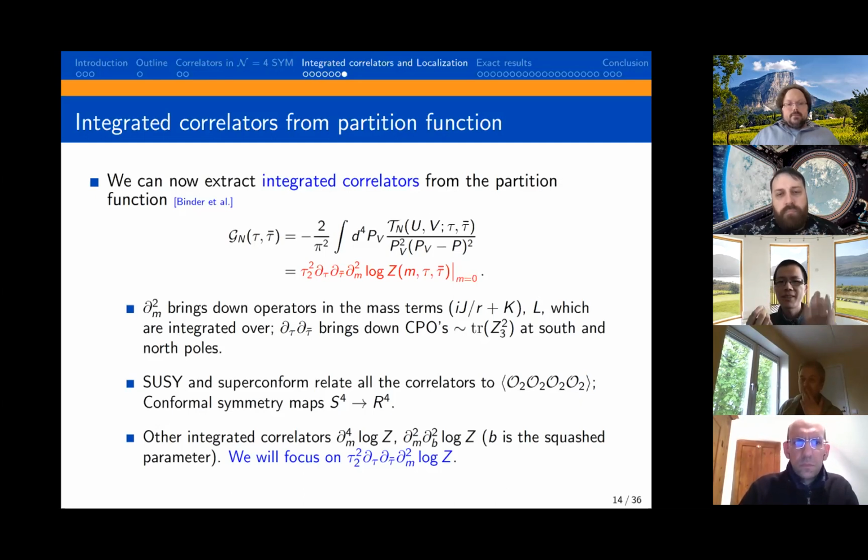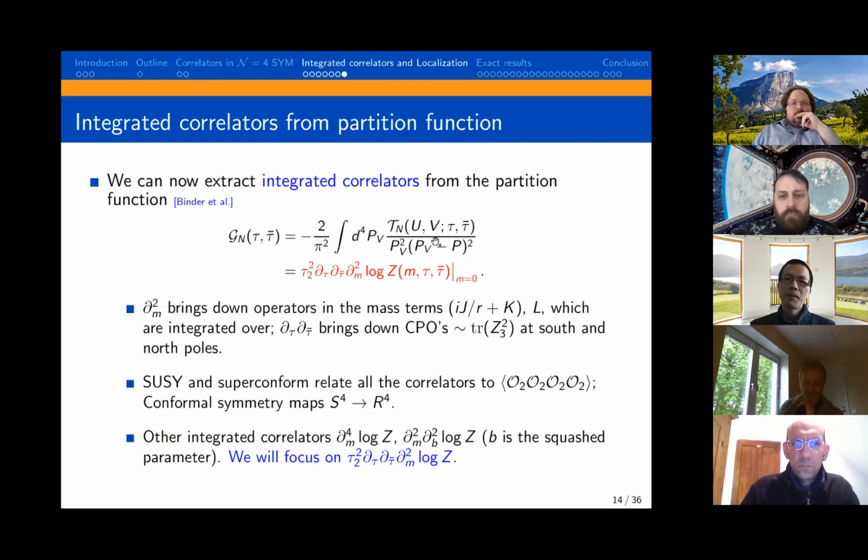Not surprising. Second, this partition function was defined on S4, so I have to do a conformal map from S4 to R4. Doing that again generates some factors, and the statement is that when you combine all those factors together, you will find this particular measure.